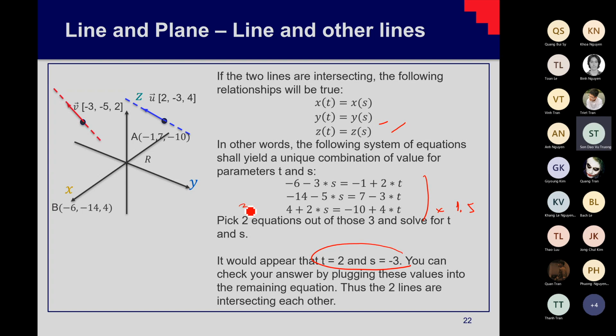So we can find proper values of t and s that satisfy the equations. This means the two lines L1 and L2 intersect each other, because we can find one point that is on both of the lines.